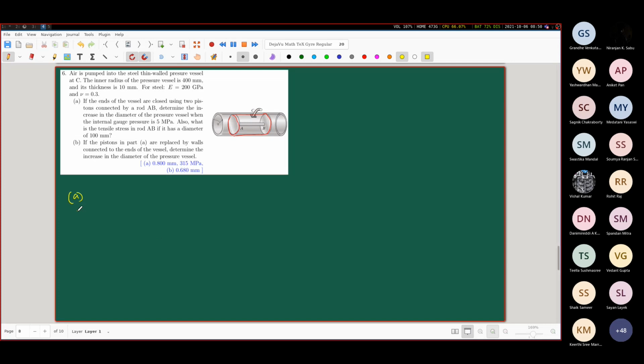So stress is also created in AB, as mentioned in the problem. It's a normal stress in the AB rod, the rod connecting the two pistons. That is great, that is the given question, of course it is there.